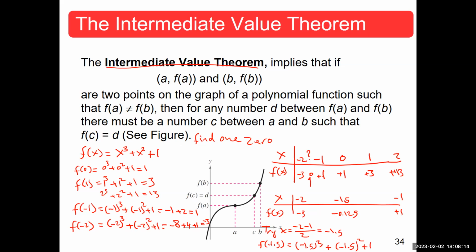Okay, so that means now this is negative, this is negative. Then my answer should be somewhere in here. I can do the average of those two numbers. Let's go back here.